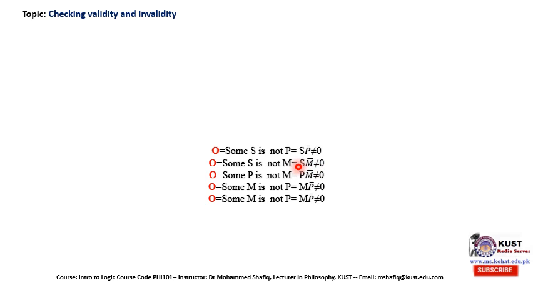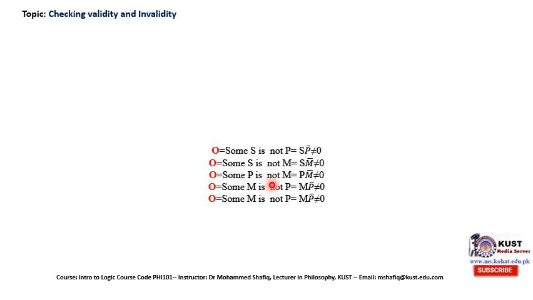Now, again, you will have to follow the same pattern. And the second alphabet, which represents actually a class, that is P, there is a bar. So we will have to put a bar on the second one as well. Though I have already discussed it in the previous slides in different diagrams.